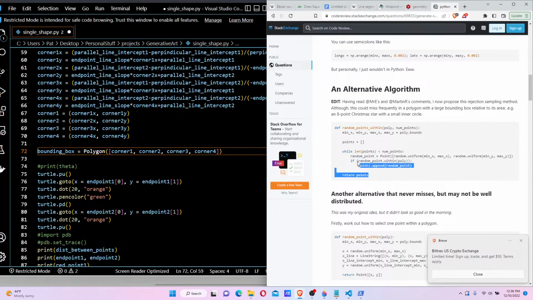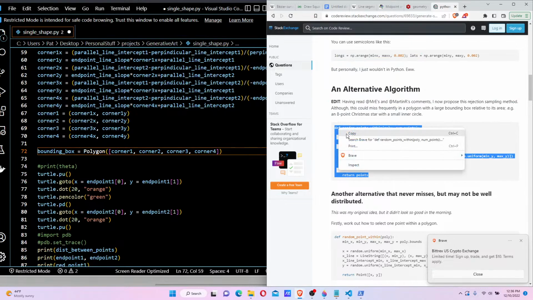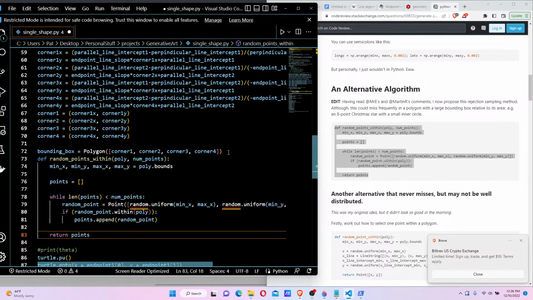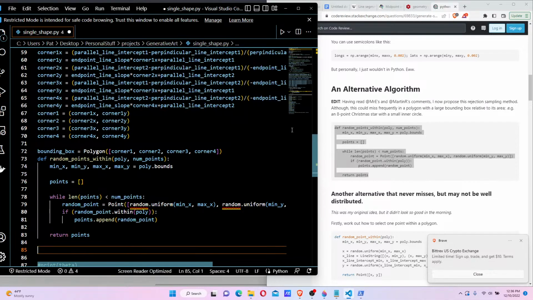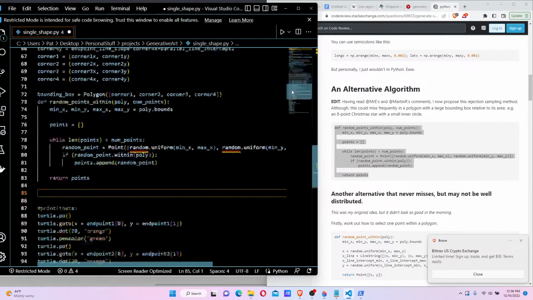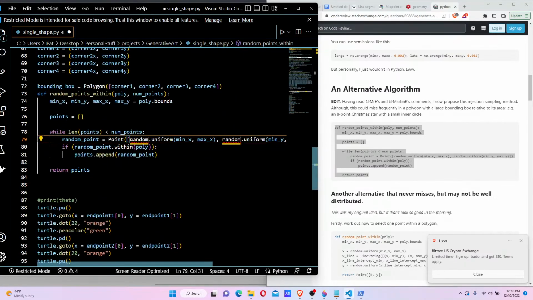Now, np.random.uniform, np.random.uniform, return points.